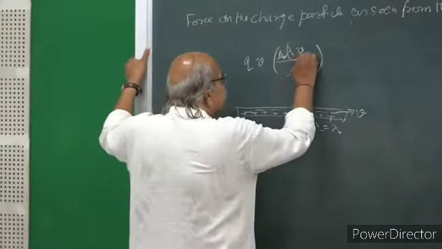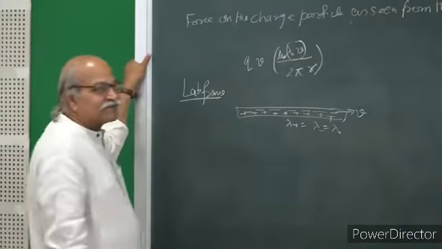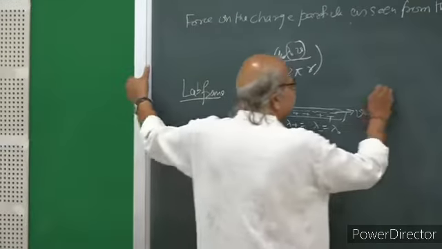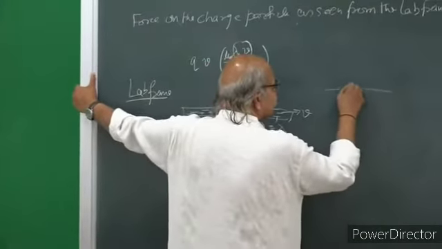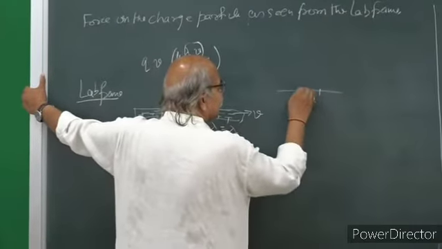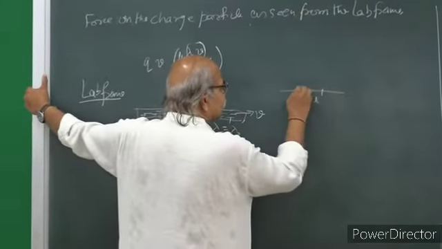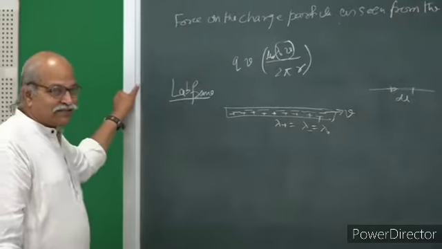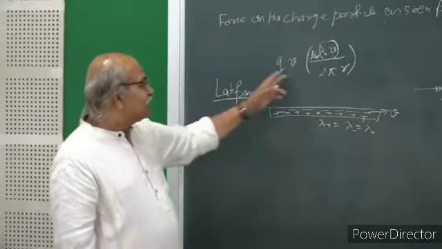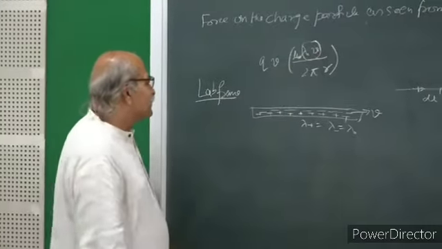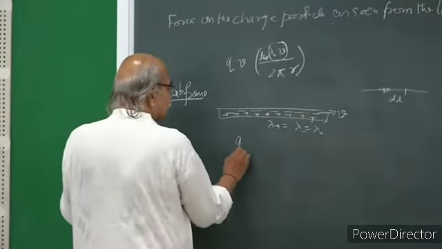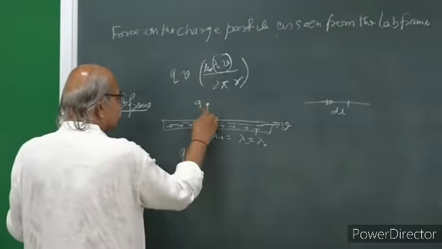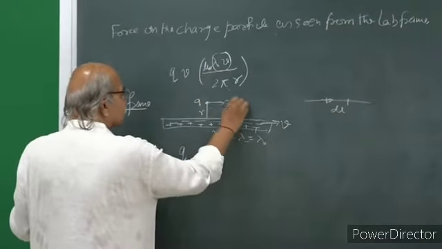Lambda times v, this will be your current. Remember, if you have a linear charge density, and you take some dl and ask how much charge is crossing from this side to that side, from there you calculate the current. So, this is that current, lambda naught times v. So, it is q, and the charge q which is here at a distance r is moving with velocity v.